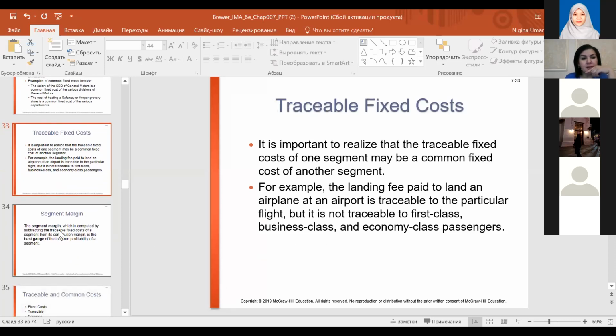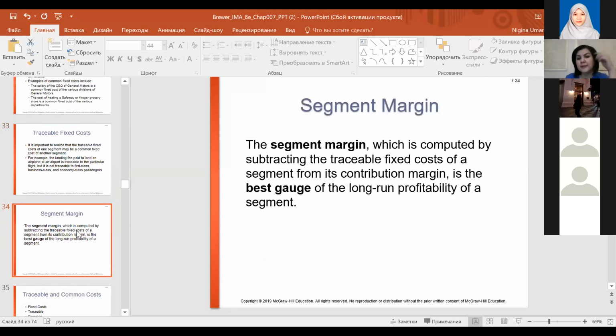Okay, segment margin. So what is a segment margin? Segment margin is computed by subtracting the traceable fixed cost of a segment from its contribution margin. It is the best gauge of the long-run profitability of the segment.